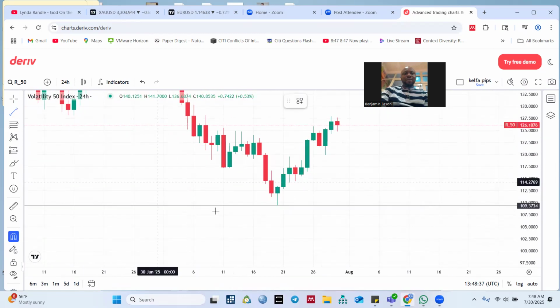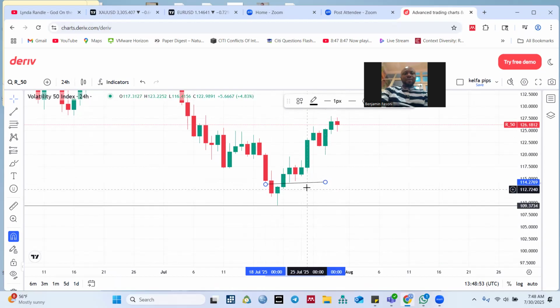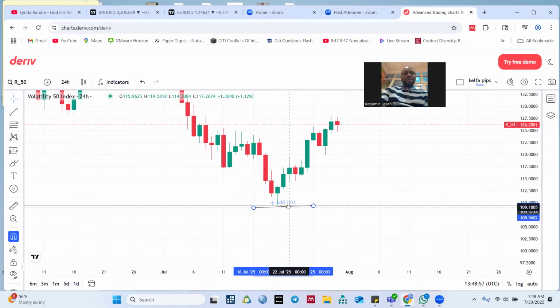For a swing low to form, we need about three or four candles that come together, where for a bearish side swing low, we'll have a low, a lower low, and a lower high.